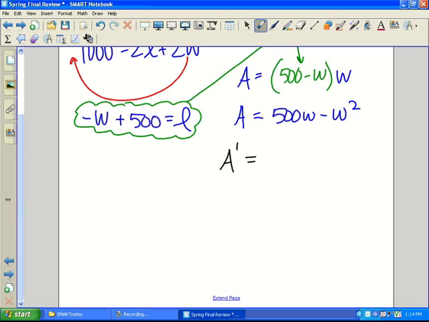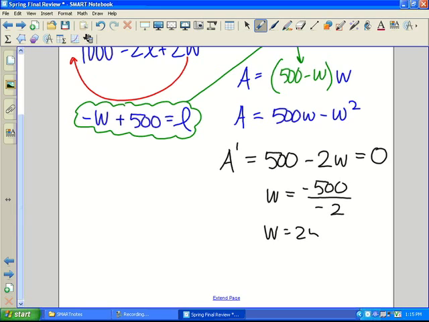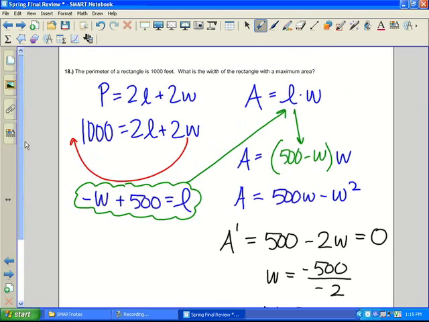Well, the derivative of 500W is just 500, and the derivative of W squared is 2W. I'm interested in one specific point, the point where this derivative is equal to 0. So I set this whole thing equal to 0 and solve it, and I would get that W is negative 500 divided by negative 2. Or W is 250, remember our units, feet.